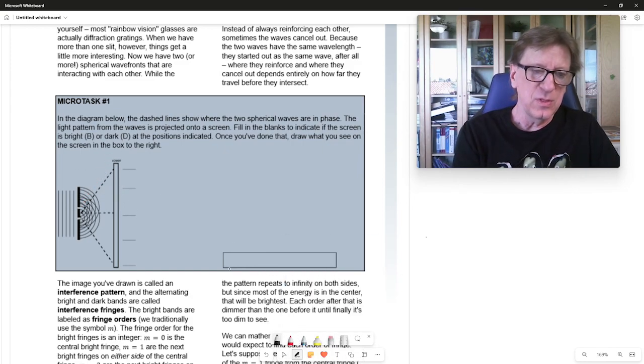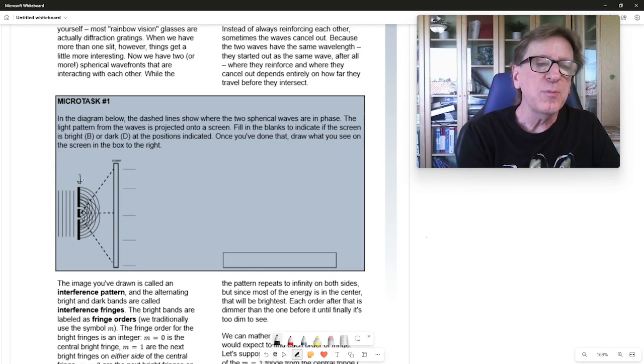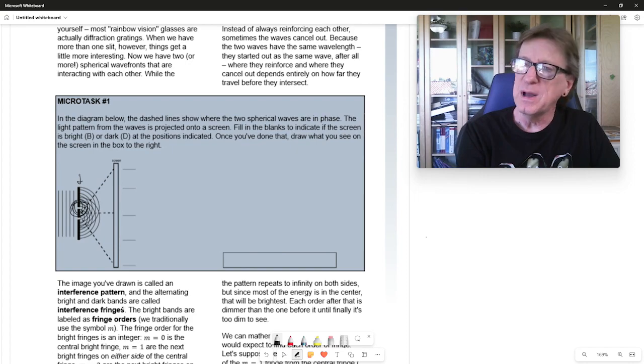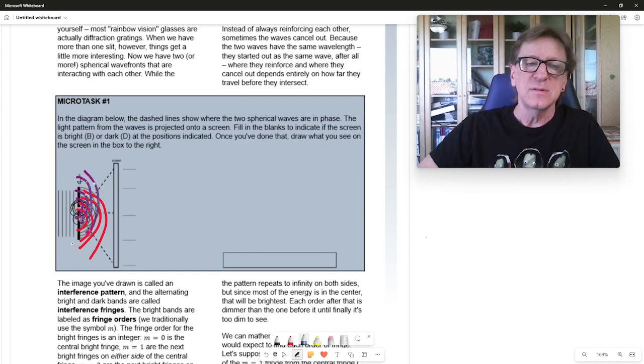So this top wavefront is being produced by this aperture right here. And then I have another one that's extending out here. But notice that it extends out in all directions. So the one on the bottom is looking like this. And then we use a different color here. The one on the top is looking like this.